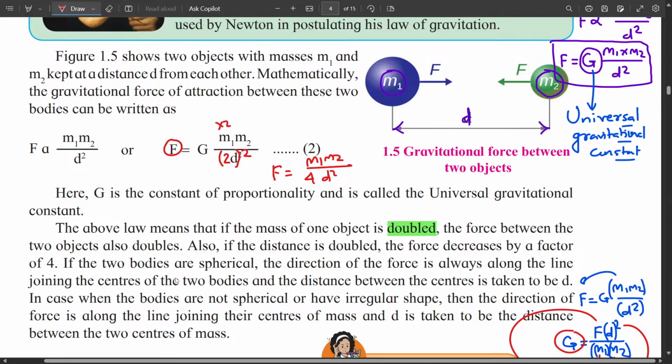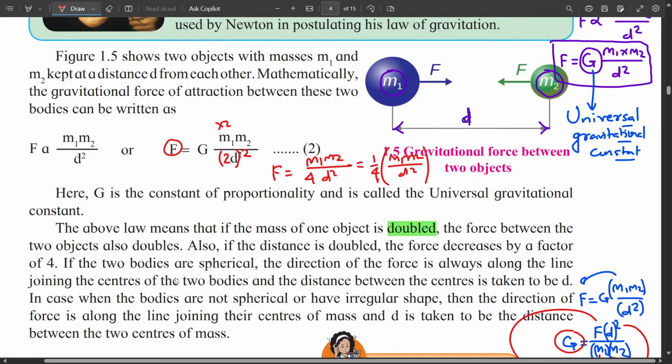So it will be equal to 1 by 4 into m1 m2 upon d square. So the force will become 1/4 if the distance is doubled, and the force will become double if one of the masses is doubled.